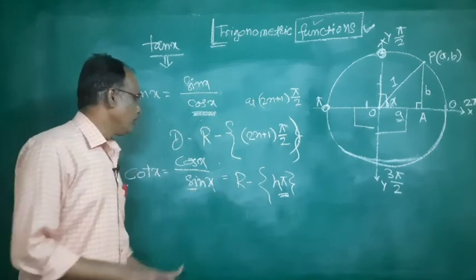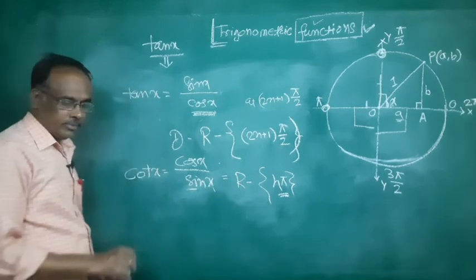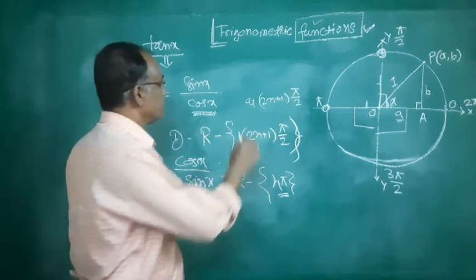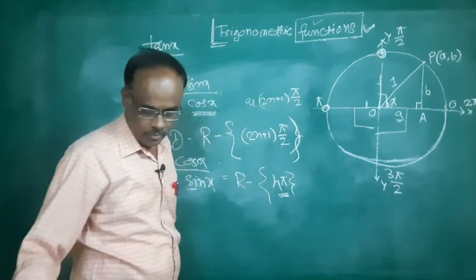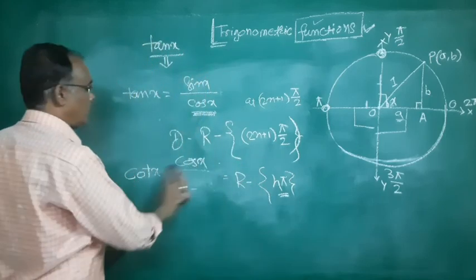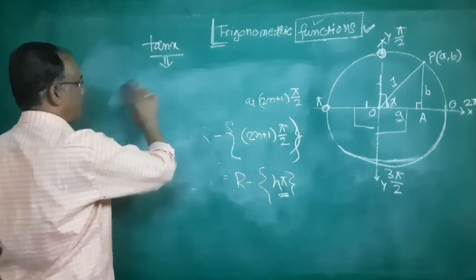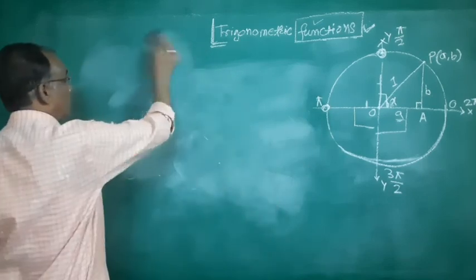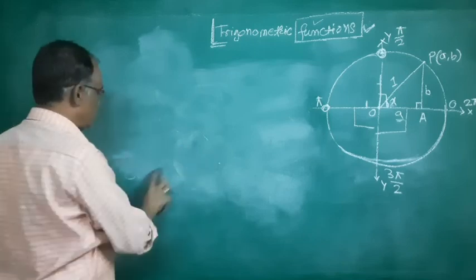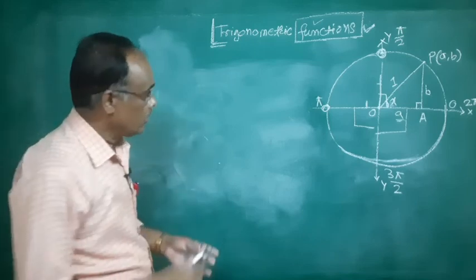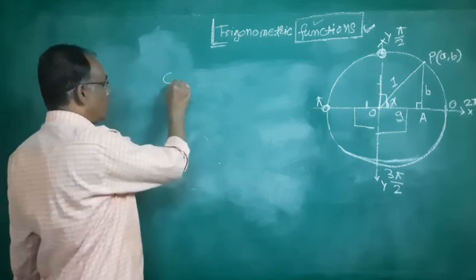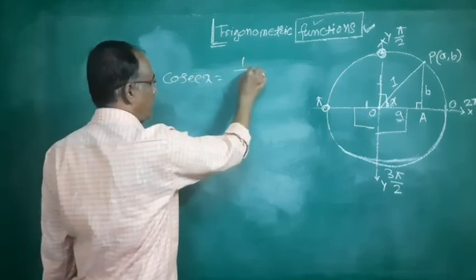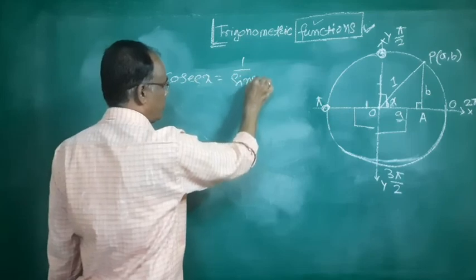Okay. Now cosec x. What is the domain of cosec x? Cosec x is 1 by sin x.